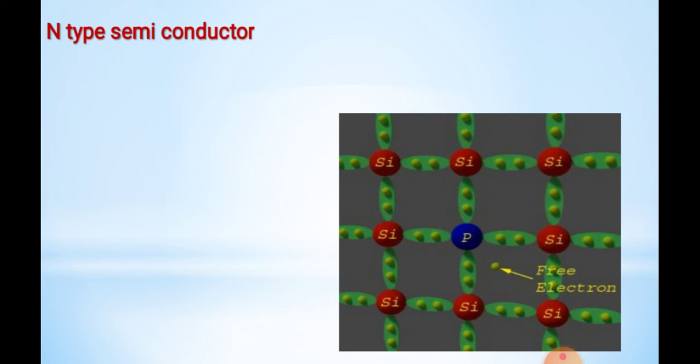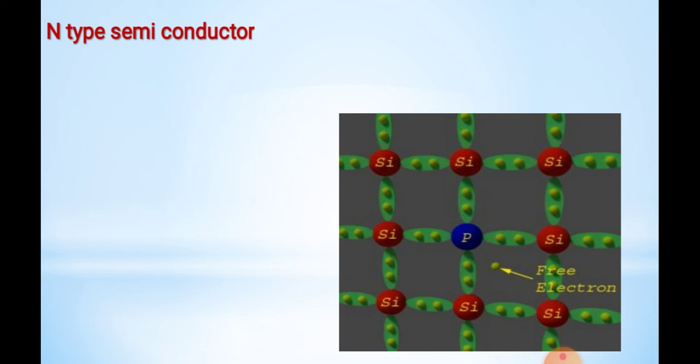So why are we calling this an N-type semiconductor? Here this phosphorus is a pentavalent element. Pentavalent means it has 5 valence electrons. In this diagram we have a large number of silicon atoms, and with them we have phosphorus. Around each red silicon atom, we have a green flower-like structure.